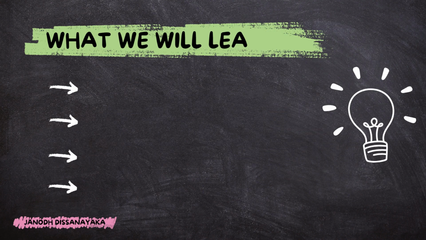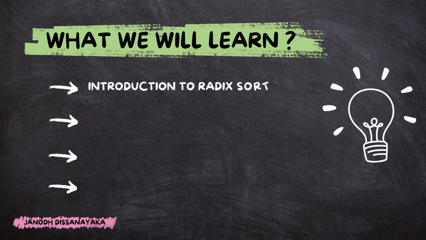Here's what will be covered in this video. First, we'll start with an introduction to Radix Sort, where we'll understand the intuition behind this algorithm and how it works. Next, we'll go through a Radix Sort example, breaking down the sorting process step by step.